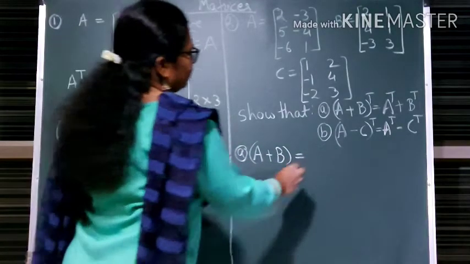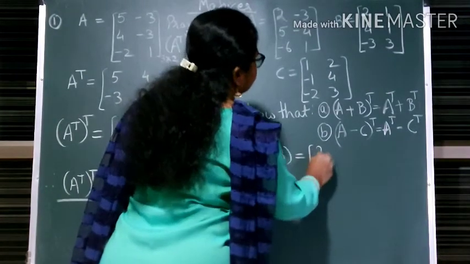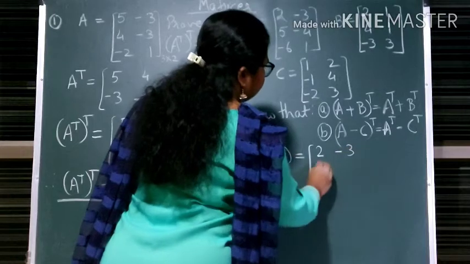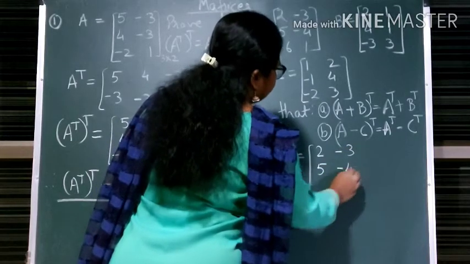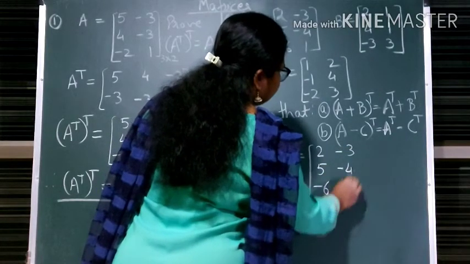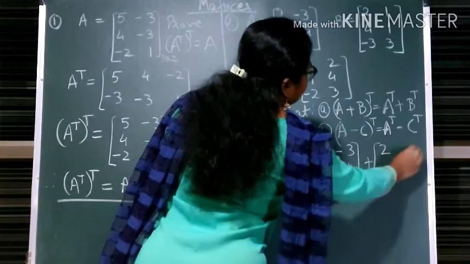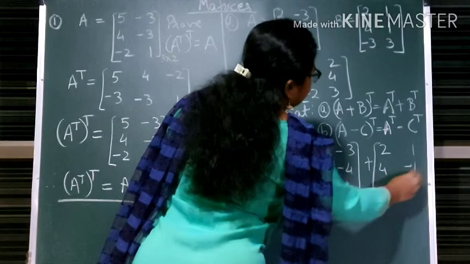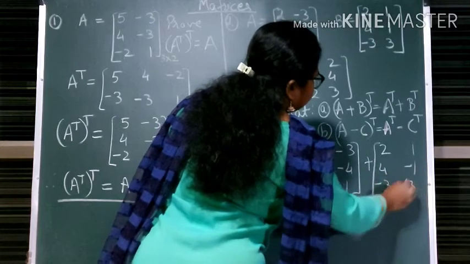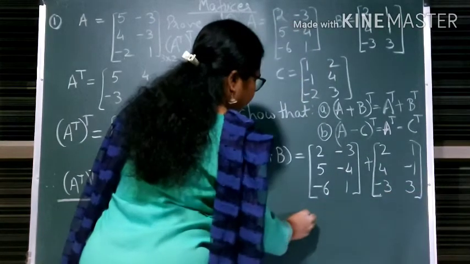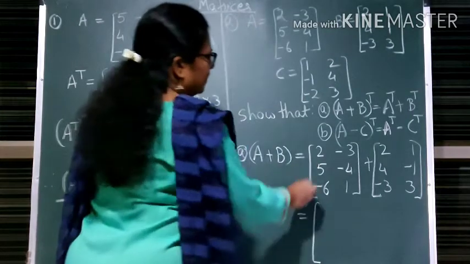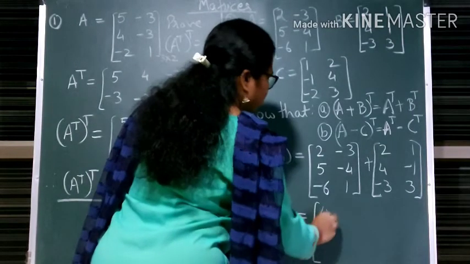A plus B, you have to add both the matrices. 2, minus 3, 5, minus 4, minus 6, 1, plus 2, 1, 4, minus 1, minus 3, 3. So what do you get here? 2 plus 2 is 4.